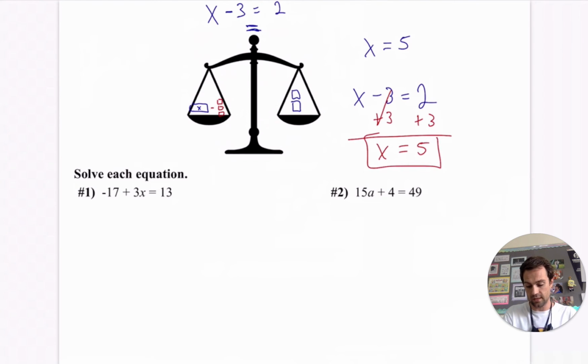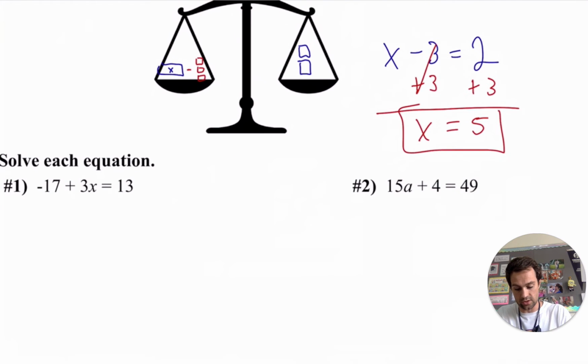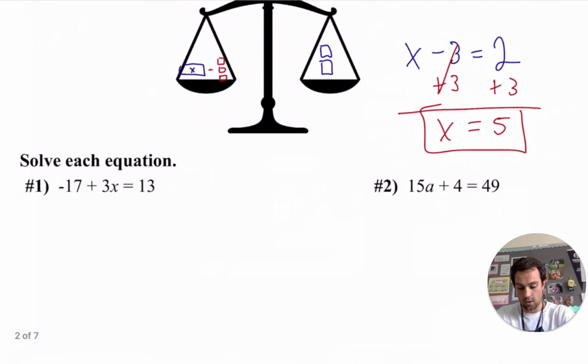Okay? So let's go ahead and look at these two questions here. Number 1, we're going to solve each equation. Negative 17 plus 3x equals 13. The first thing that we always want to do is isolate the variable. We're wanting to get rid of the number first before we start working with the variable.